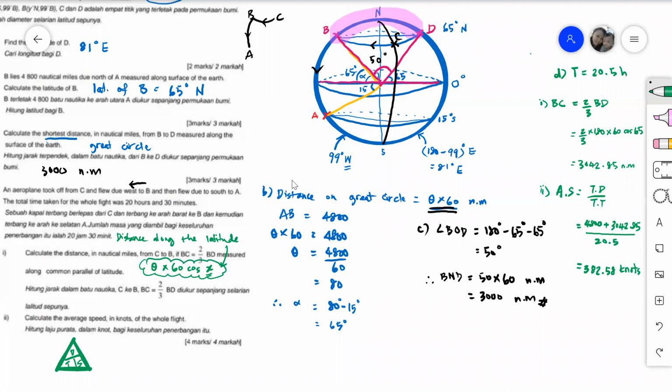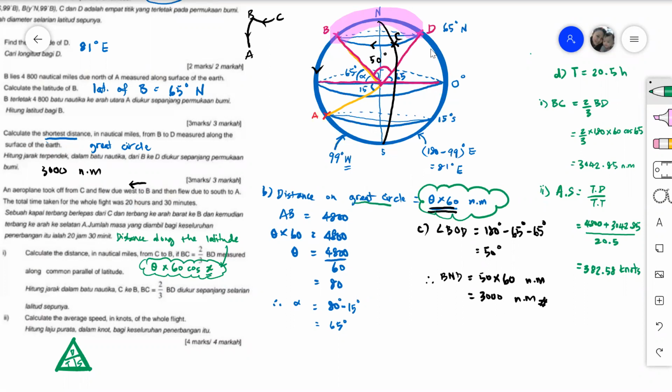So that is how we solve the Earth as a sphere. I have a few more videos on Earth as a sphere, so please watch each video, and you will notice that I always draw the circle and the steps to make it 3D, and then how I put in the information on the sphere that we have just drawn. The important formula in this chapter is theta times 60 nautical miles, that is on the great circle.